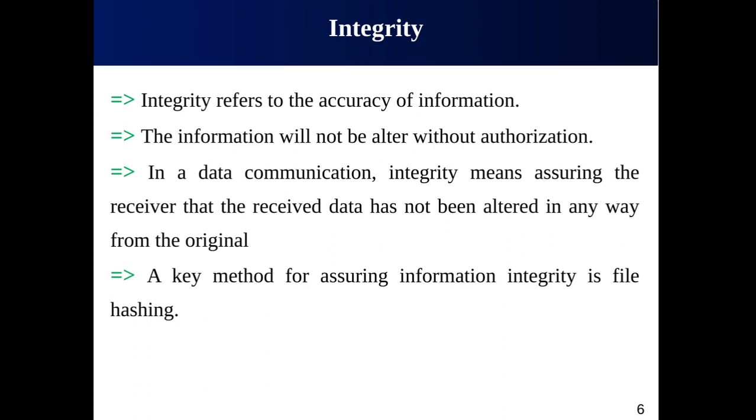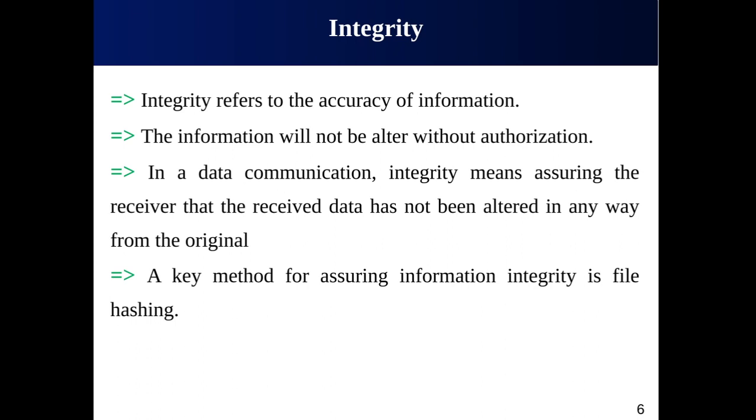If the information is not whole, if it is not complete, if it is corrupted, then the integrity has been lost. And in data communication, in information transmission, integrity means assuring that the receiver that has received the data has received it not altered in any way from the original.